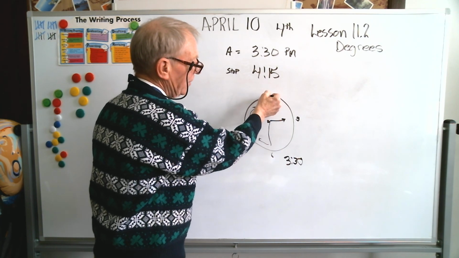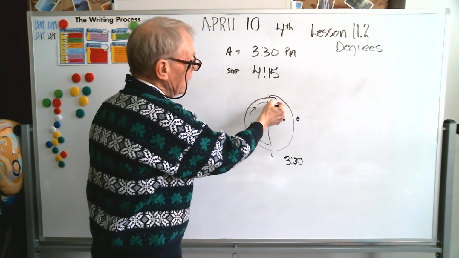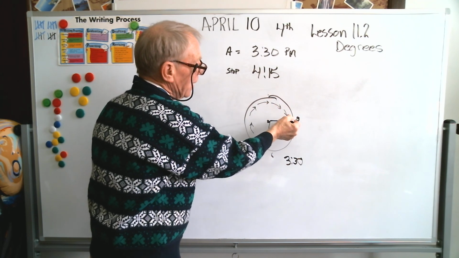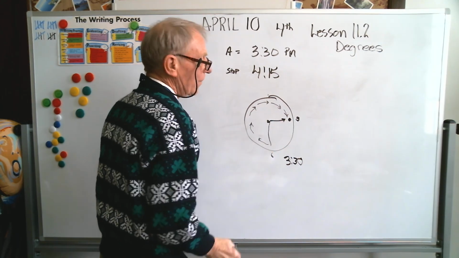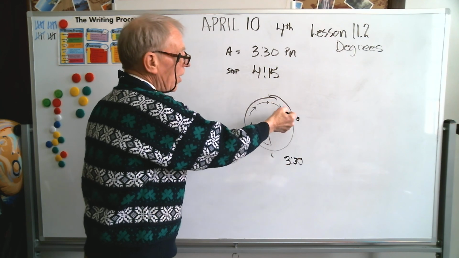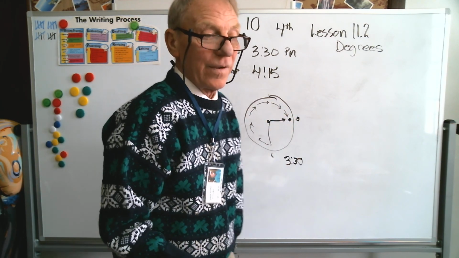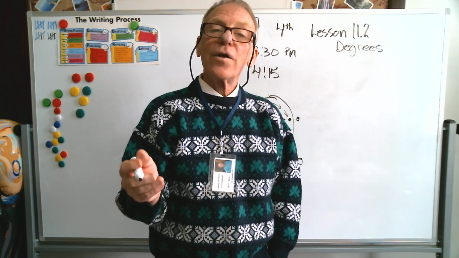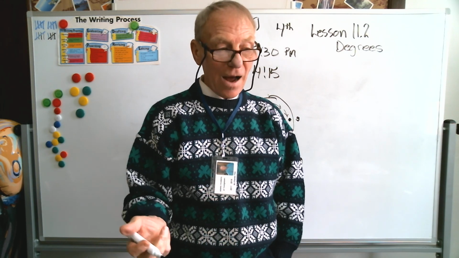This would make it 4 o'clock. So we're going to go another 15 minutes, and we're going to end up right here. So that means she has gone 45 minutes or 3/4 of an hour.